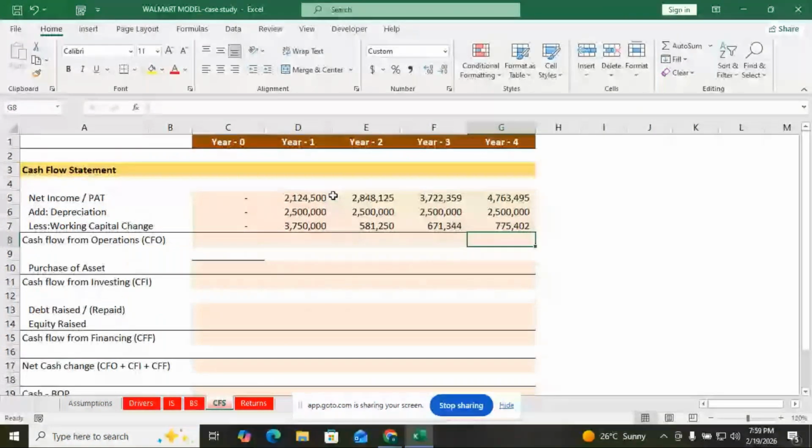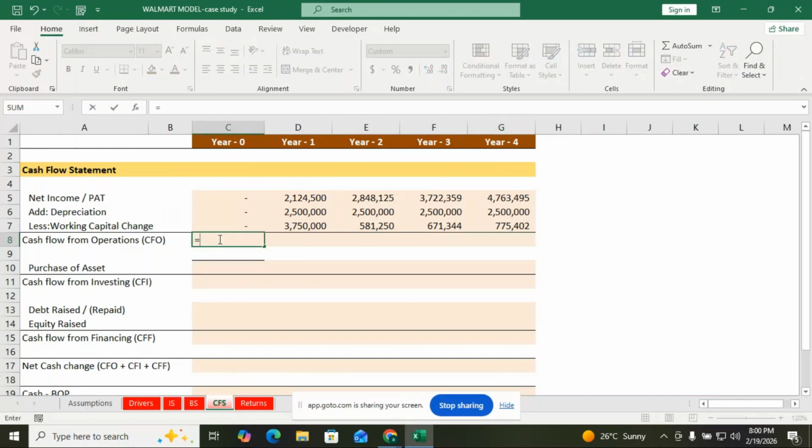And once you update your working capital, calculate the net cash flow equals to sum, all the three, and close the brackets.